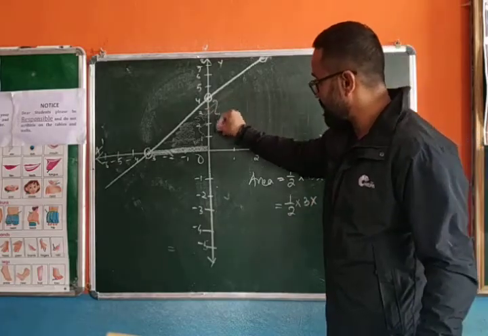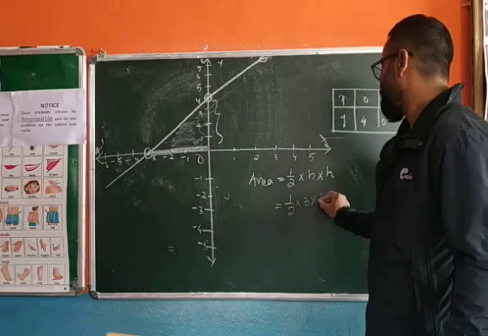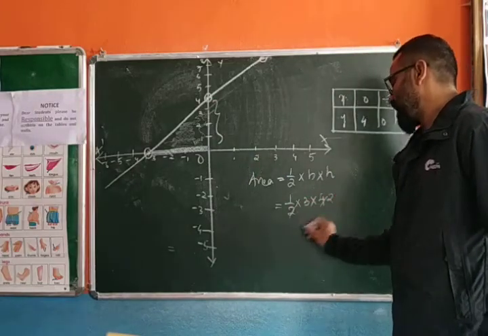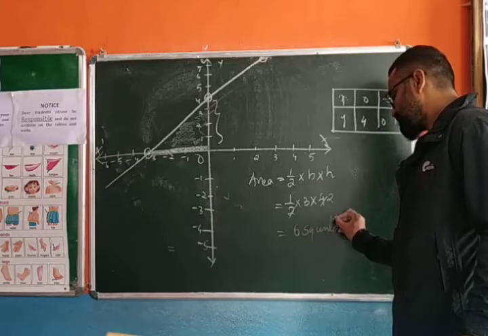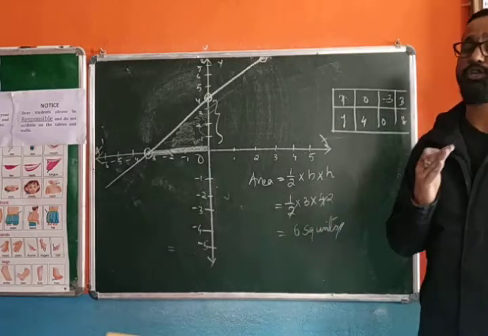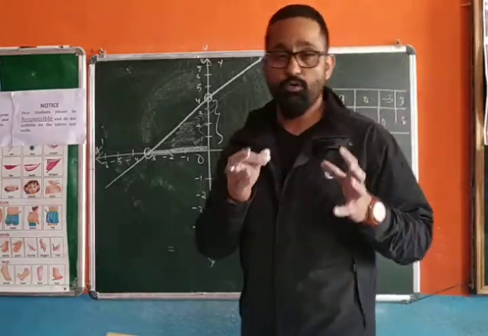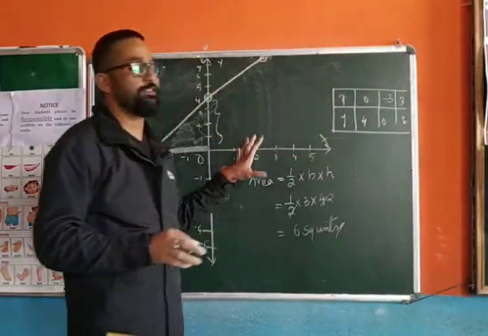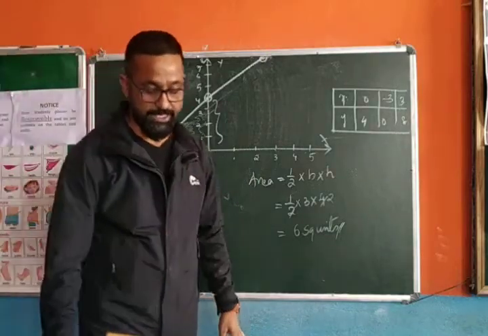And this portion is height. 0, 1, 2, 3, 4. You cancel 2 times, you get 6 square units. You have to write square units. Please do remember it. So finding the coordinates, plotting in the graph, and then the area of the figure which we get.